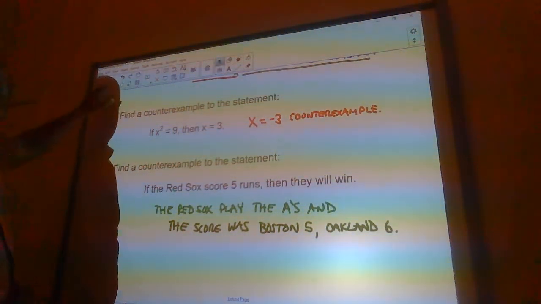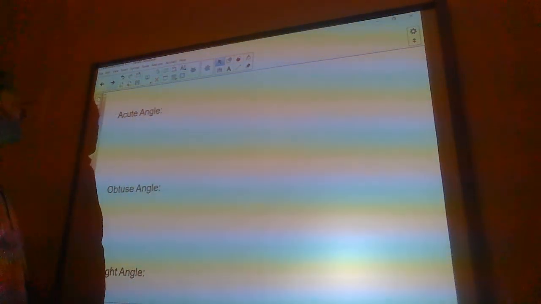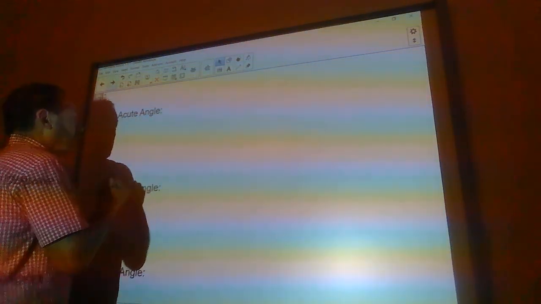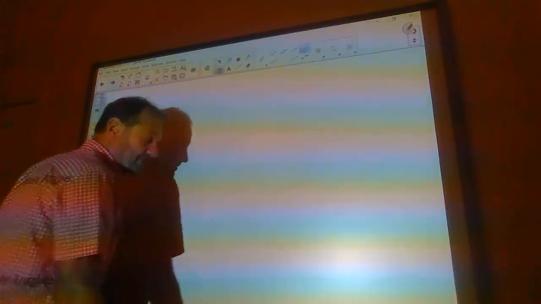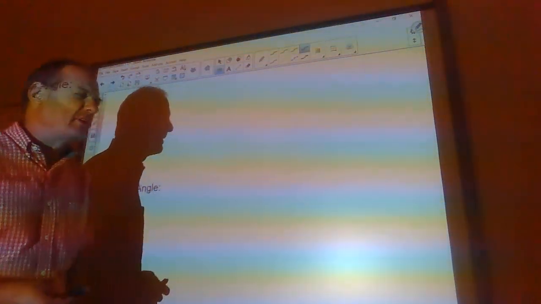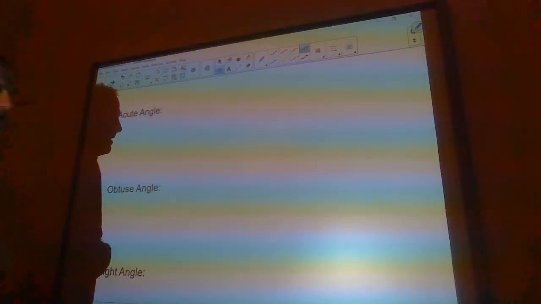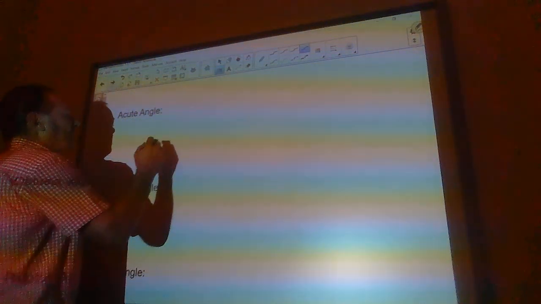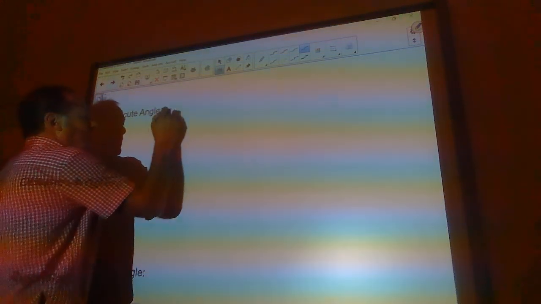So, a definition of an acute angle. The word acute actually means sharp. You can have an acute pain. That means it's something that's sharp, it really hurts really bad, a really, really sharp feeling. So an acute angle is a sharp angle.